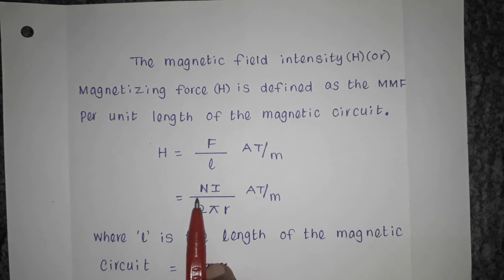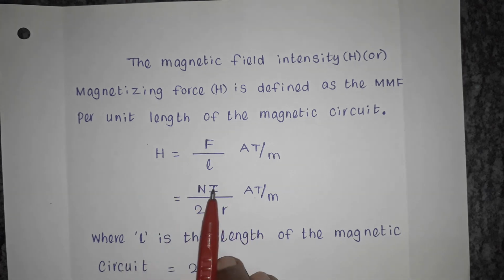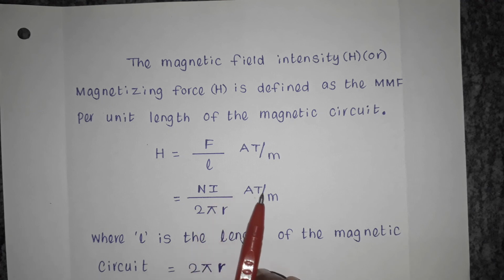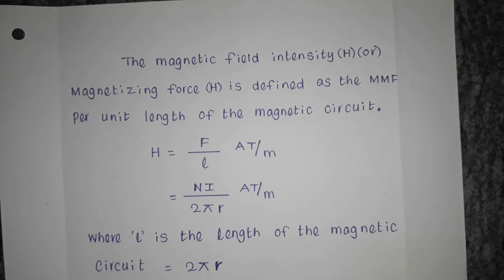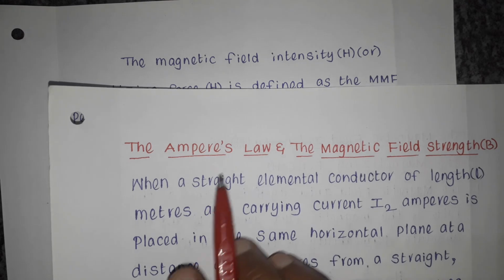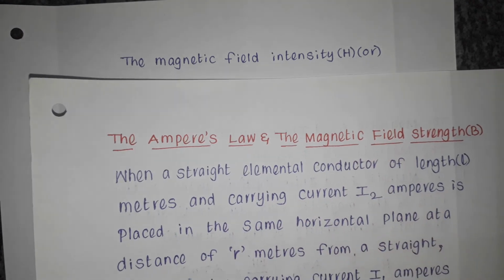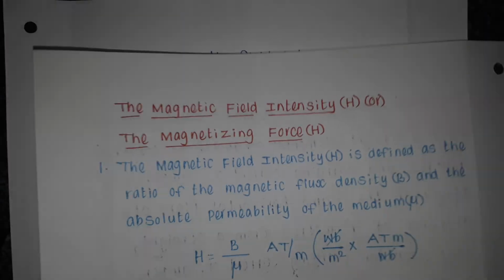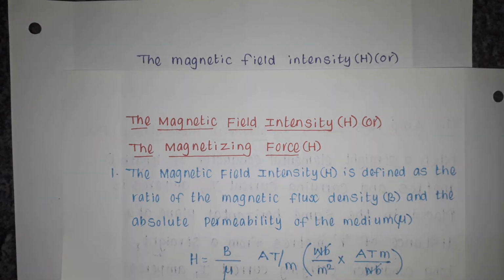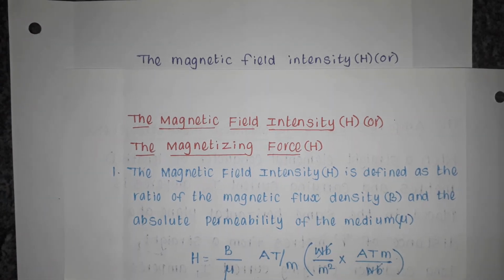Suppose there is only one turn, at that time H is equal to I by 2 pi r ampere turn per meter. So this is about Ampere's law and the magnetic field strength capital B and the magnetic field intensity capital H or the magnetizing force H.